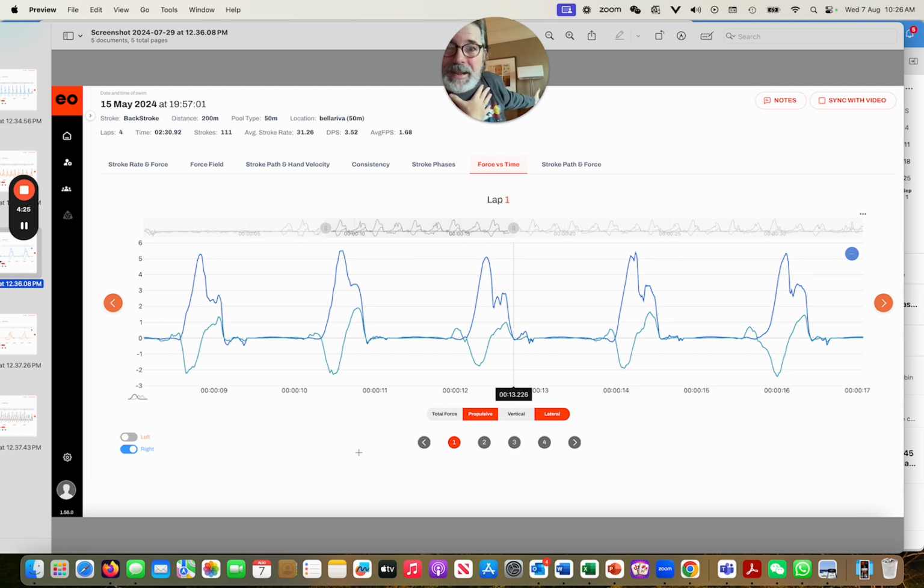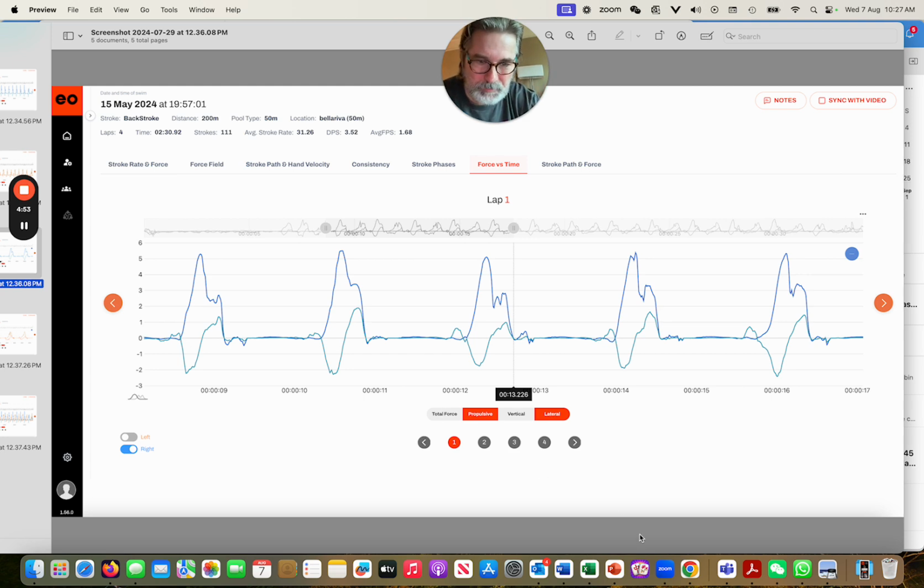And as you can see, that hand is moving facing outwards. And whereas in the old system, this negative force was reflecting the outward force of the hand, and then at the back end of the stroke, where it's positive, was reflecting that hand coming in just before it exits.